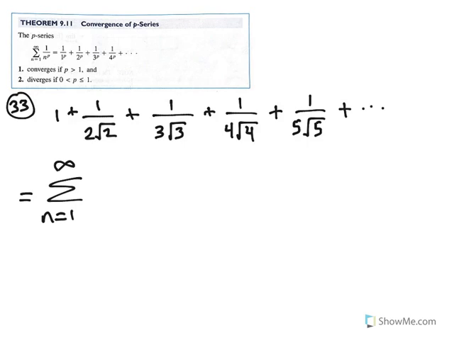All of the numerators are 1. So we can begin by writing 1 for the numerator. And if you look here, this would be corresponding to n is equal to 1, n is equal to 2, n is equal to 3, n is equal to 4, and n is equal to 5.